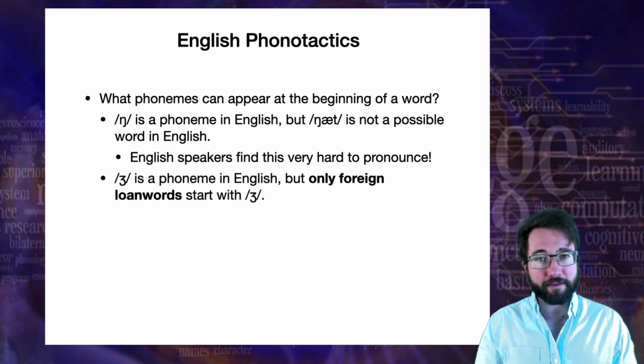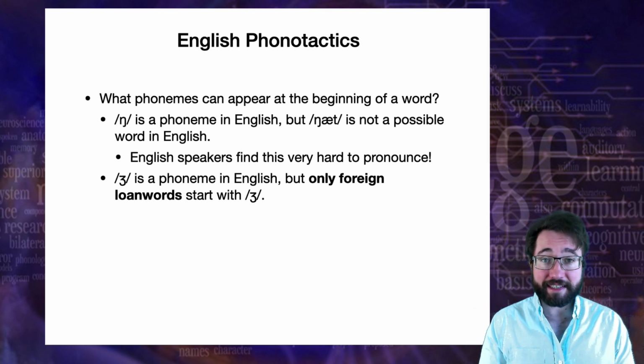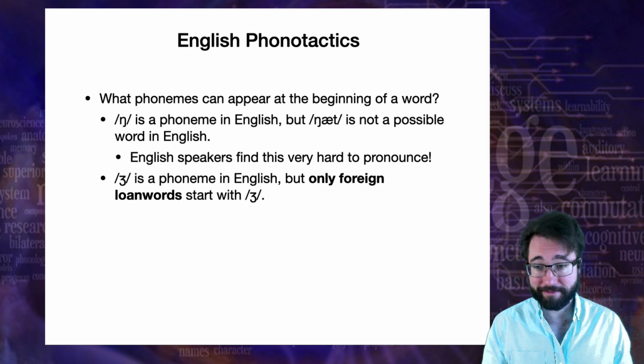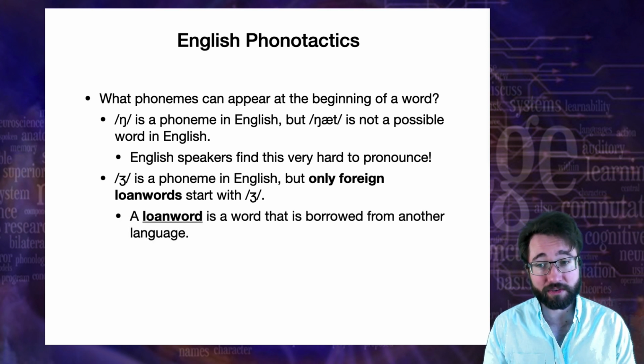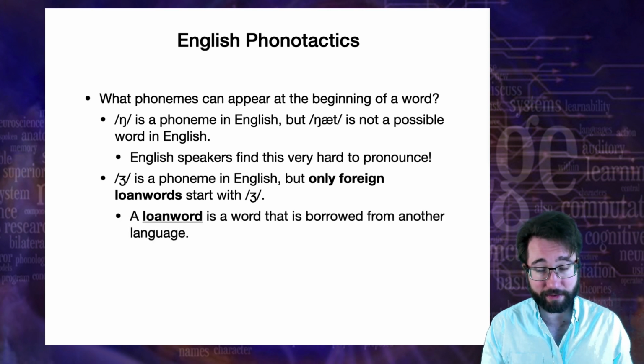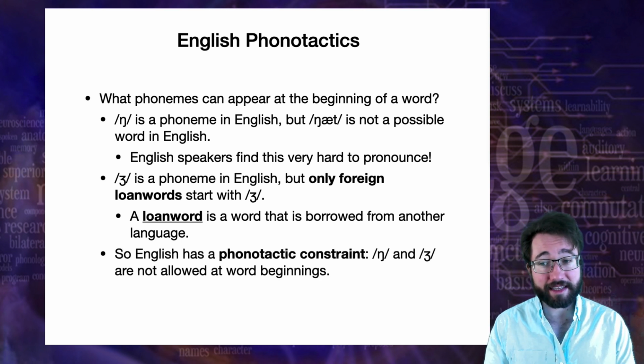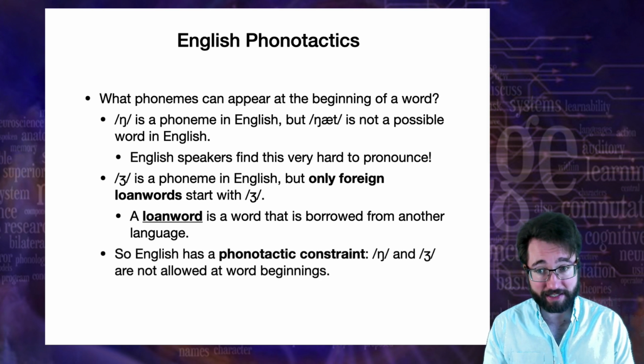Similarly, we have a phoneme zh in English, as in the word mirage, but you only get that phoneme at the beginning of a word if it is in a loanword from some other language. A loanword is a word that's borrowed from another language. So we see that English has a phonotactic constraint.